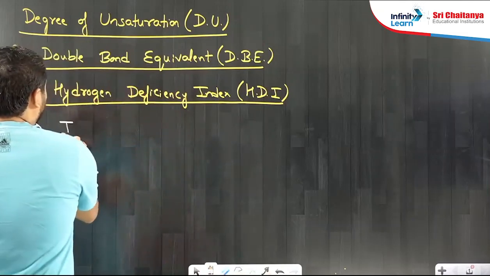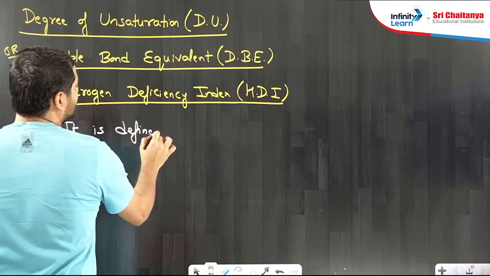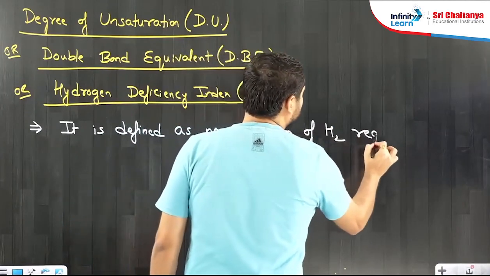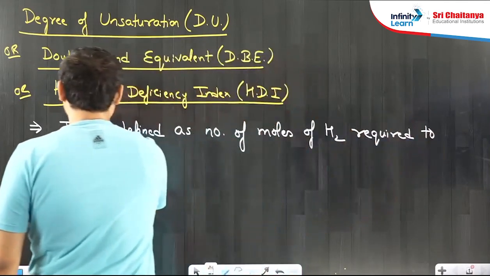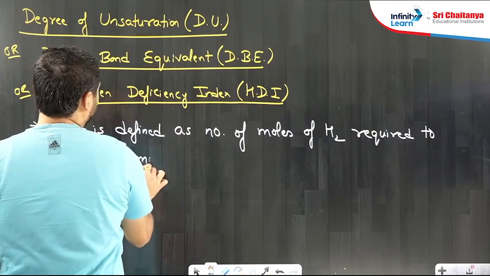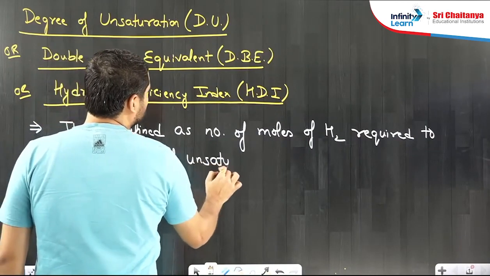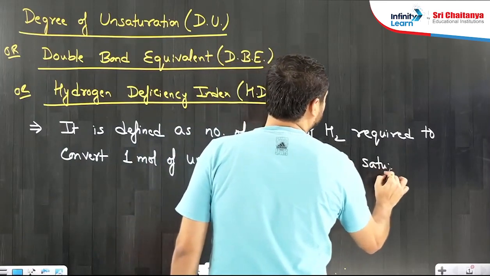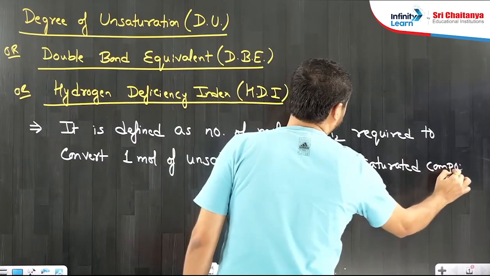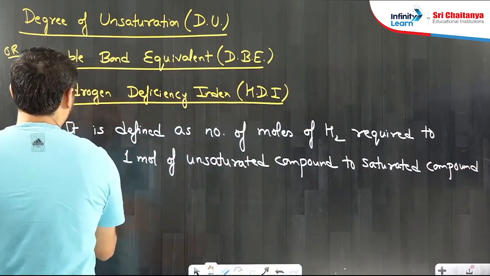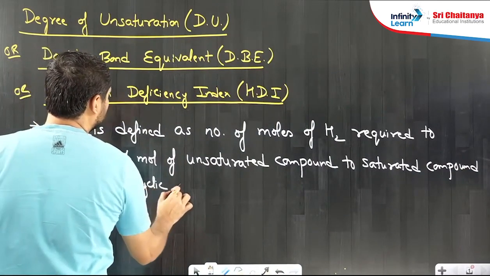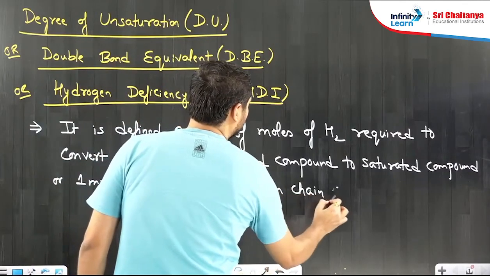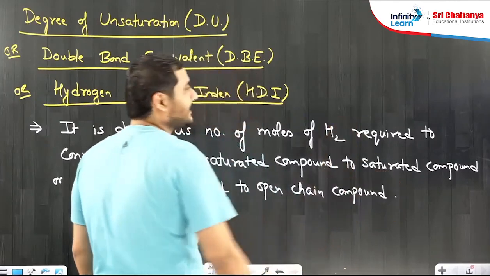So this definition is very important: the number of moles of hydrogen required to convert 1 mole of unsaturated compound to saturated compound, or 1 mole of cyclic compound to open chain compound. So this is called degree of unsaturation.